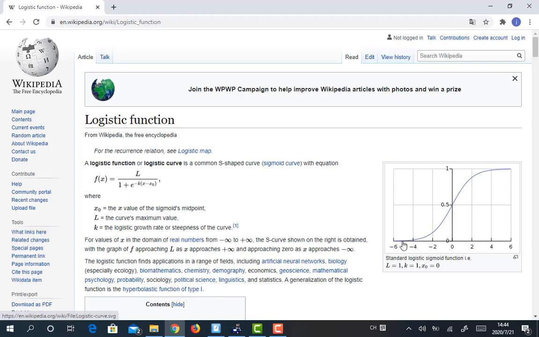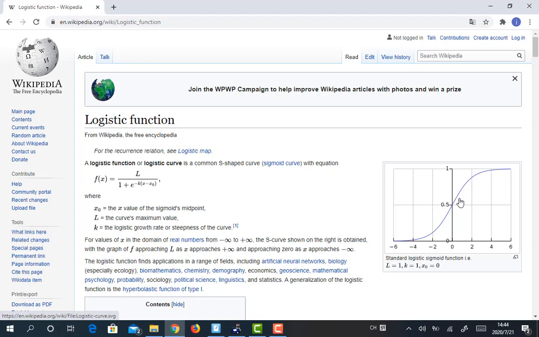So look at the curve of a logistic function. This function is increasing overall, right? But if you find the first derivative function of this one, the rate of change is increasing first, then decreasing afterwards.